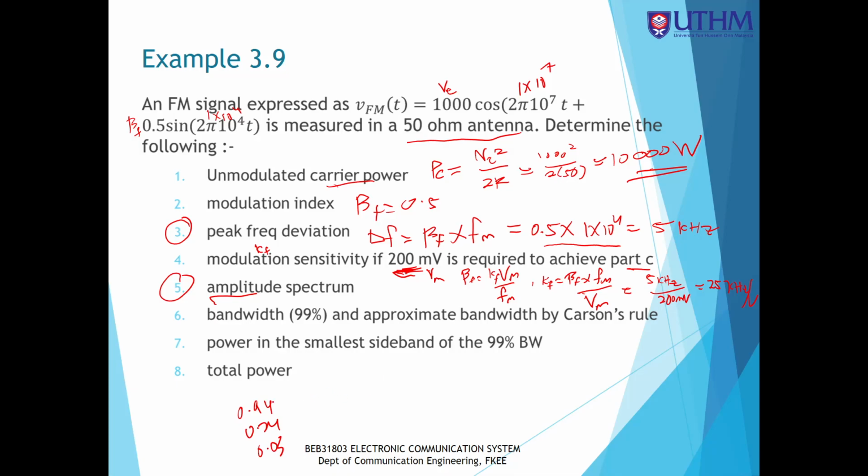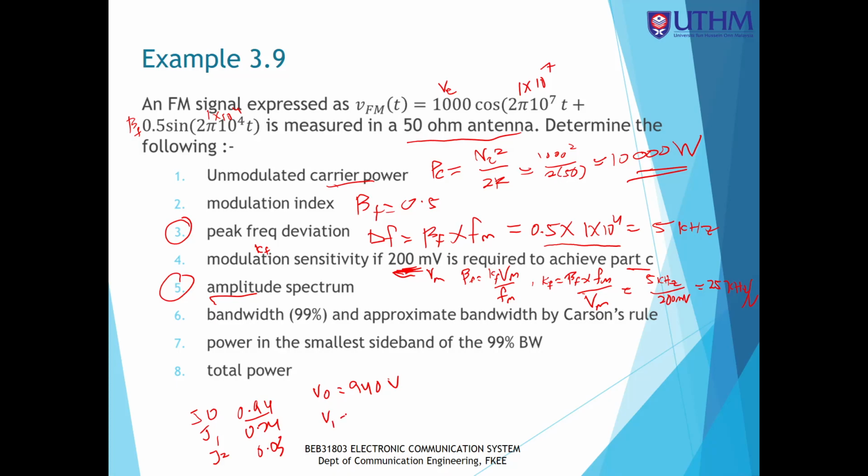Okay, so this is J0, J1, J2. You need to find V0, V1, V2. V0 is equal to 0.94 times 1000, so 940 volt. You multiply with 1000 for the VC.